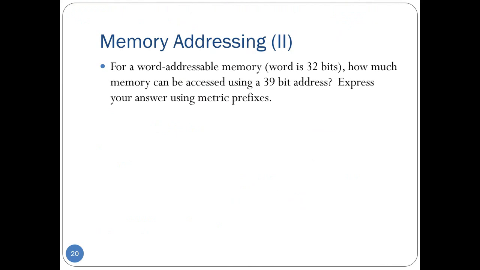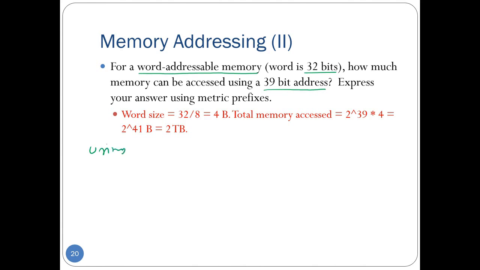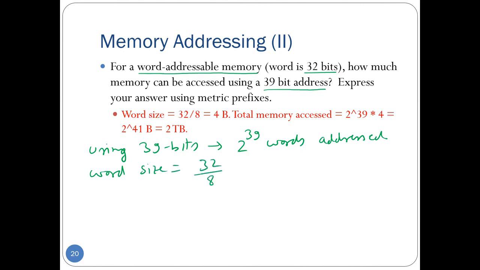So the third problem here is also a similar problem, but the difference is this is a word addressable memory where every word is 32 bits. And the question is how much memory can be addressed or accessed if the memory addresses are 39 bits. Okay, so once again, using 39 bits, 2 to the power 39 words can be addressed. Now word size is 32 divided by 8, which is simply 4 bytes or 2 square bytes.